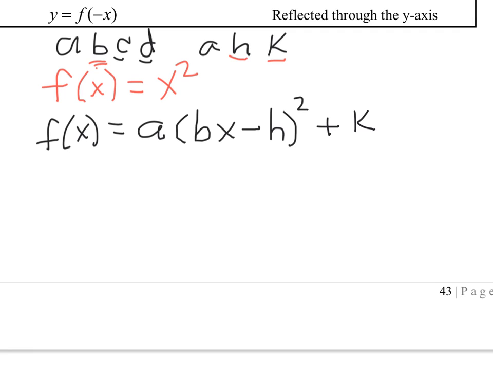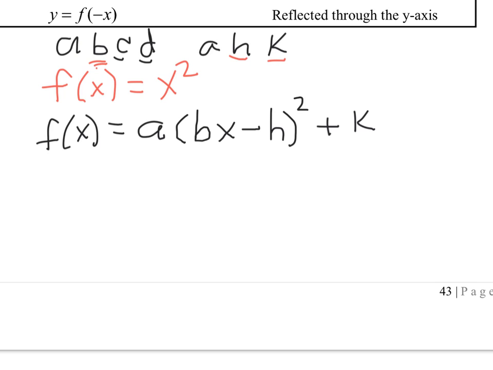Alright, so then what I'm going to do is list all of the things that these different parts of the equation do. First, let me explain something. When you are looking at these different parts of the transform, like the A and the K, for example, these two transformations affect only the y value of your function.